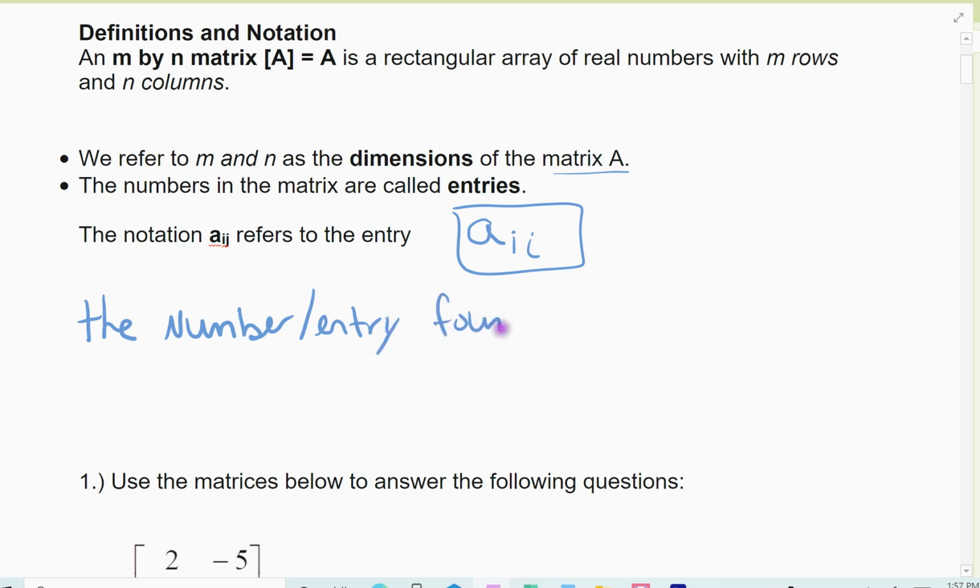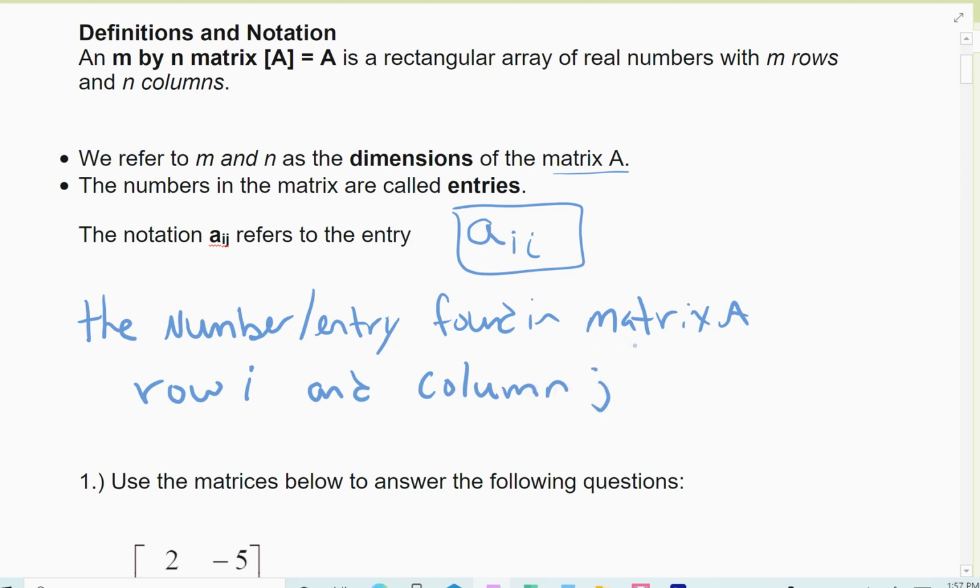found in matrix A. The lowercase a tells me what matrix I'm looking at, and then the lower numbers tell me the row and column in my matrix: row i and column j. It's kind of like bingo.